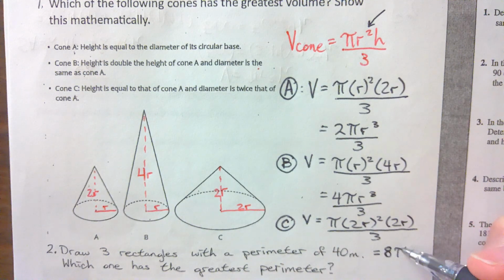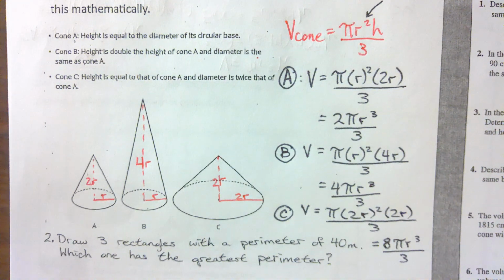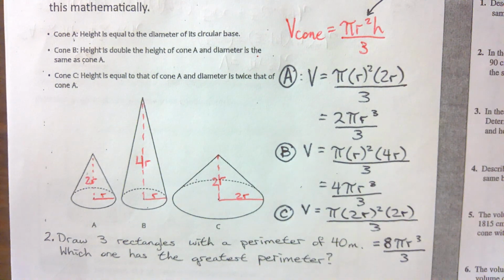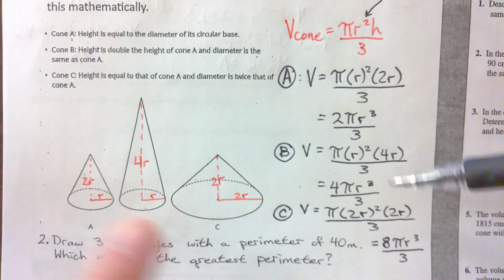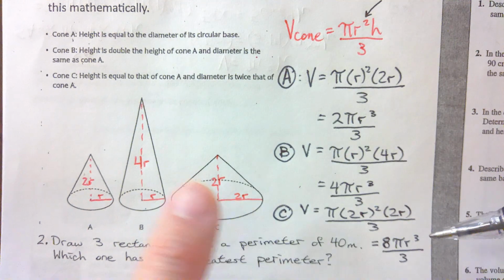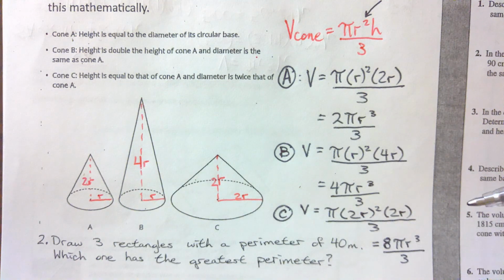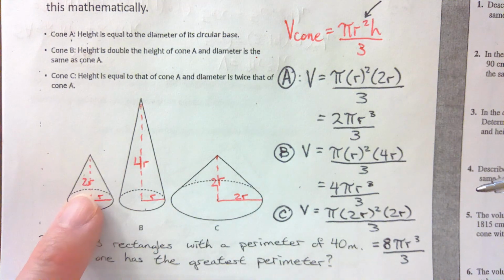So 8 pi R cubed over 3. So now if you compare, you can see that this is actually double the volume of this, and this is double the volume of this. And so this is 4 times as much as this one.